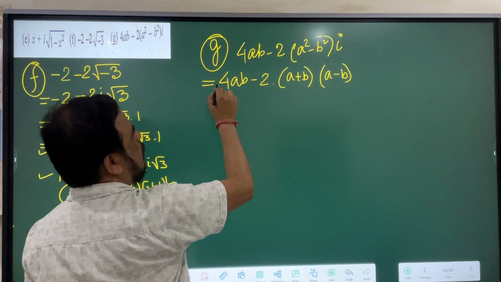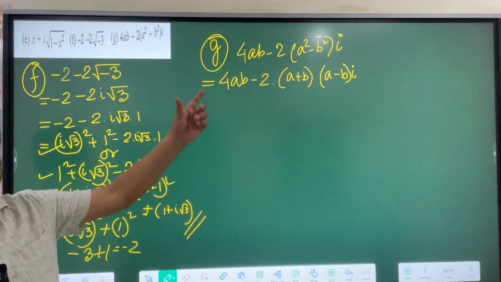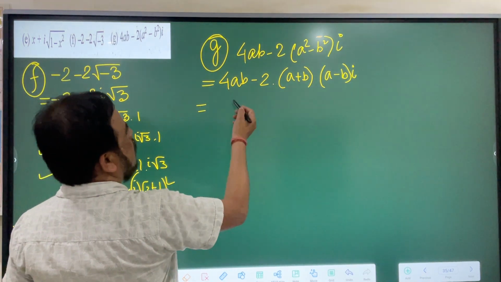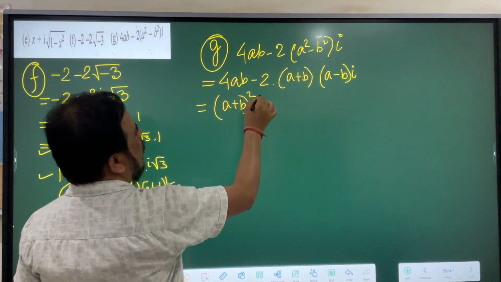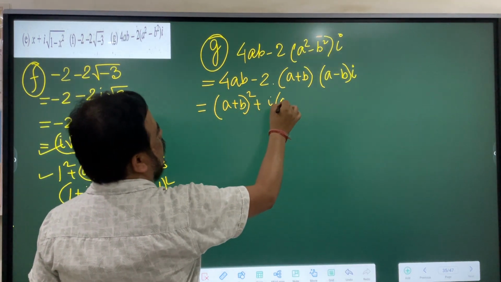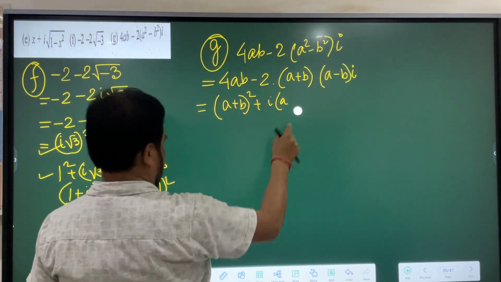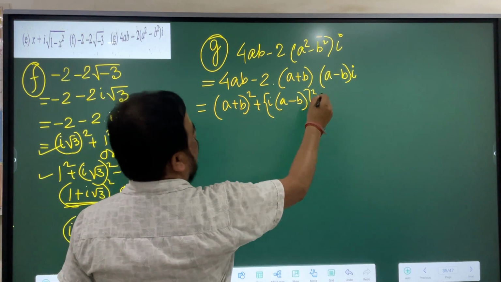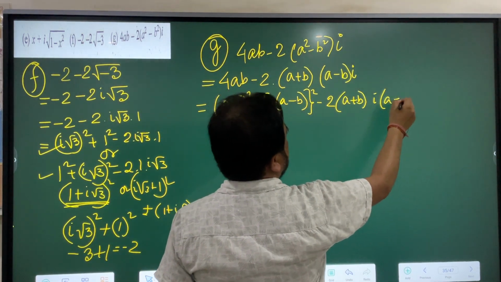This is a positive number, so we will keep i for the smaller. a plus b is bigger than a minus b. Now 2ab is clear, so a square plus b square minus 2 a plus b into i a minus b.